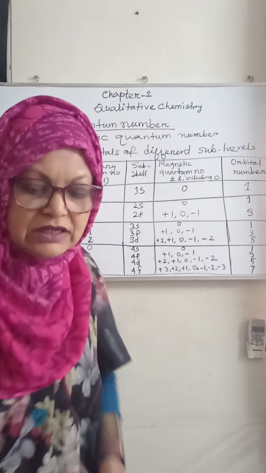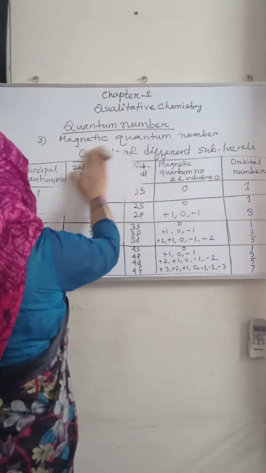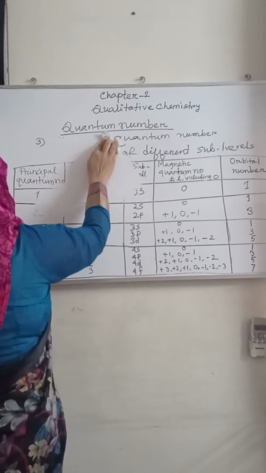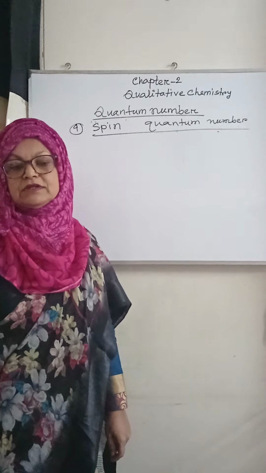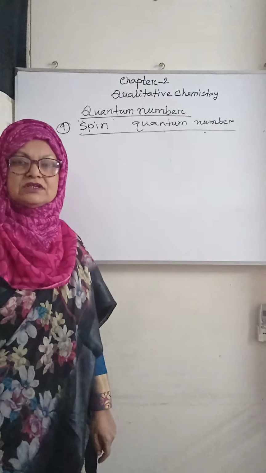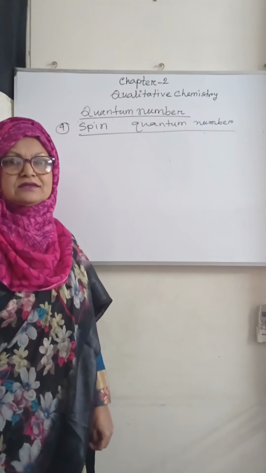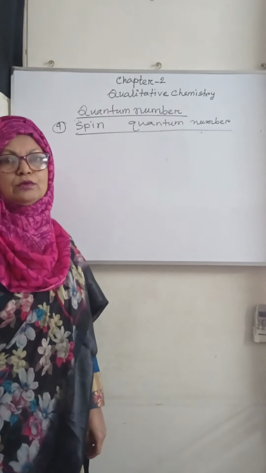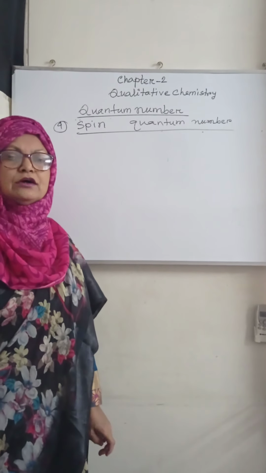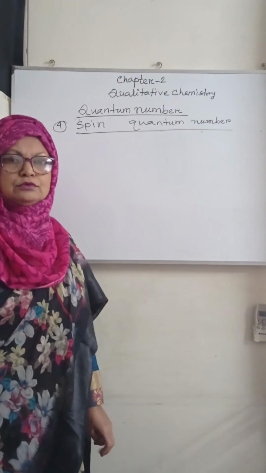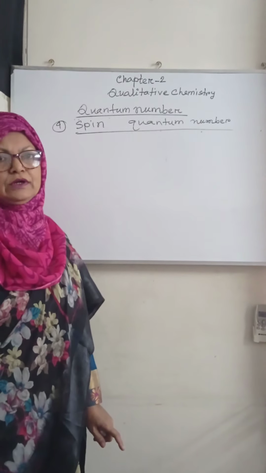Now our next topic is spin quantum number. Now I would like to discuss the spin quantum number. You know, an electron spins about its own axis in the direction of the clock, that is clockwise, or in the opposite direction to the clock, that is anti-clockwise.